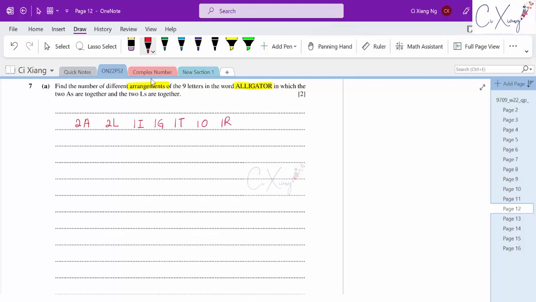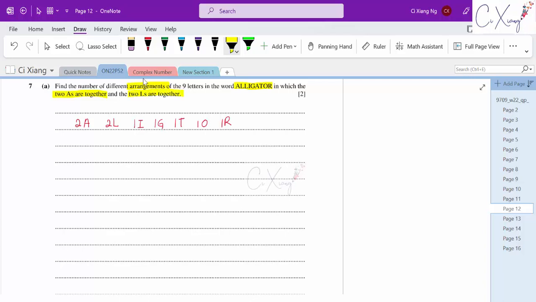Usually I will try to list out all the possible letters first, and here they want us to find the number of different arrangements for the 9 letters in this word, in which the 2 A are together and the 2 L are together. So the restriction for this case is 2 A together and also 2 L together.